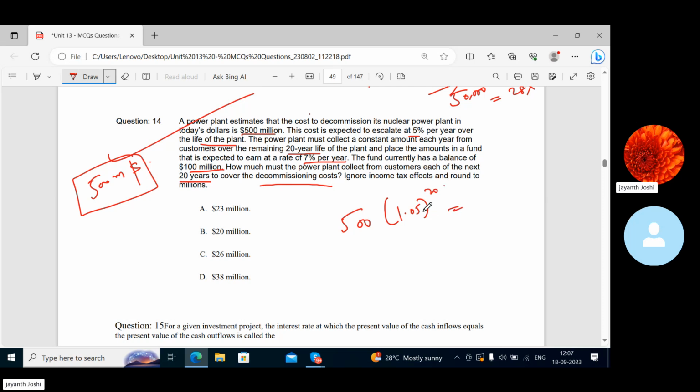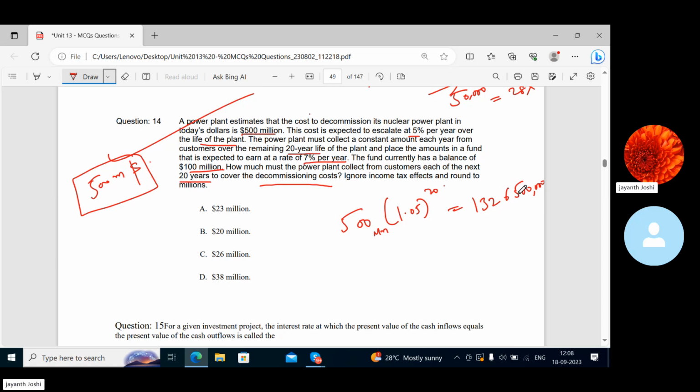Can you tell me what's the answer? 1326.64. 500 million, so 500 times 1.05 to the power 20.